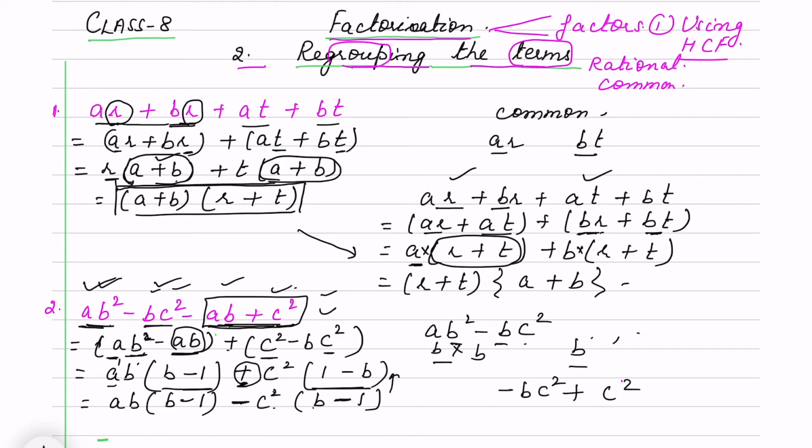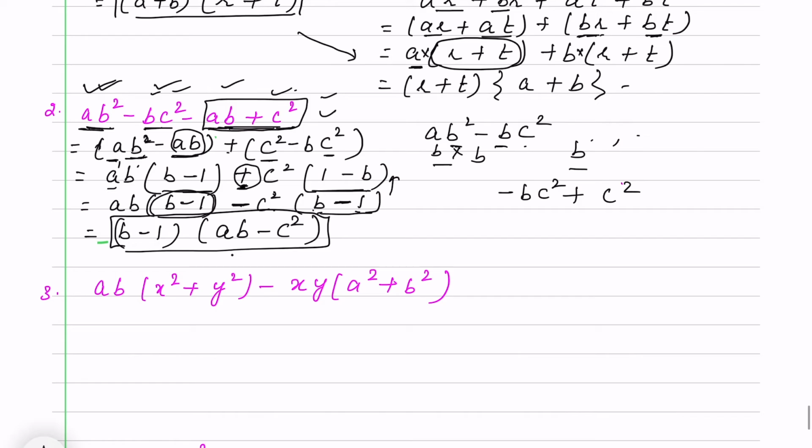Only I have changed the sign so that the sign inside the bracket also changes. Why? Because B minus 1 I am now getting here also. So here AB minus C square, B minus 1. Now this will be your answer.